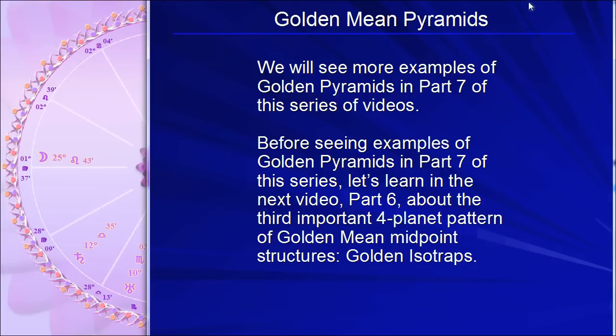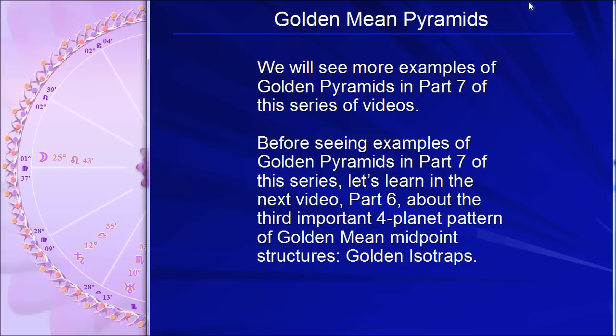So, to summarize, you're learning about these 3 very special patterns, the sacred geometry, the way that nature works, that creates these very special geometric patterns is just awesome. So even people that aren't interested in astrology or don't believe in astrology still can learn about this fascinating geometry, the way 4 points can create these beautifully intricate patterns.